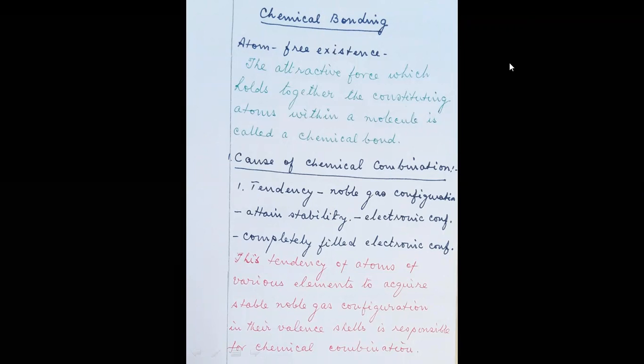They want to have an electronic configuration similar to that of a noble gas, because they want to attain stability. Stability is the biggest problem with the elements. They want to be stable. So they are all trying to change their electronic configuration so that they may also have a completed electronic configuration as that of noble gases. This tendency of atoms of various elements to acquire stable noble gas configuration in their valence shells is responsible for the chemical combinations taking place among the elements.